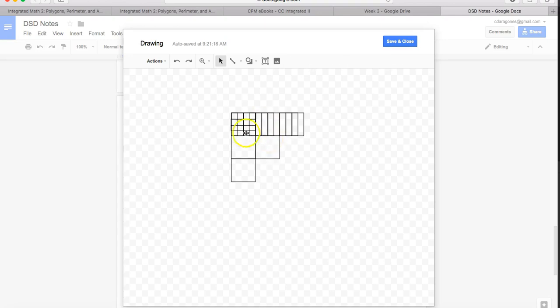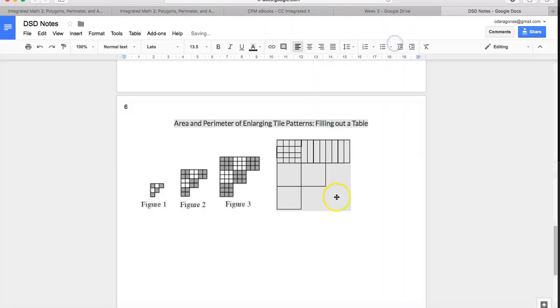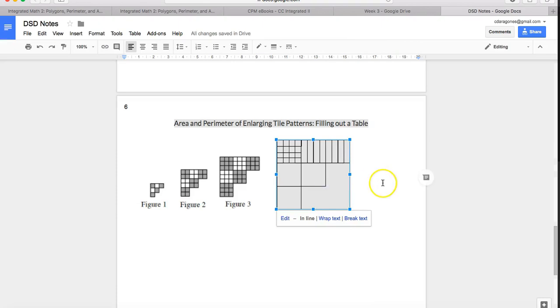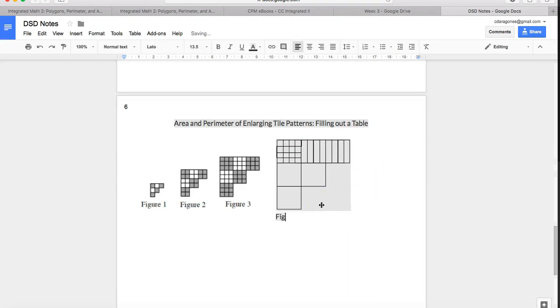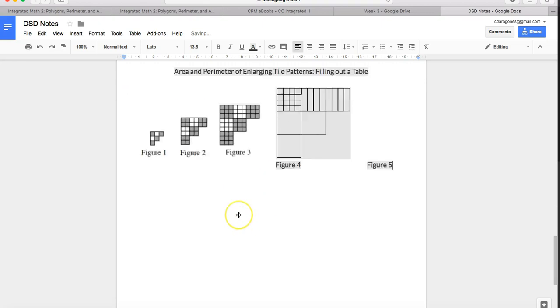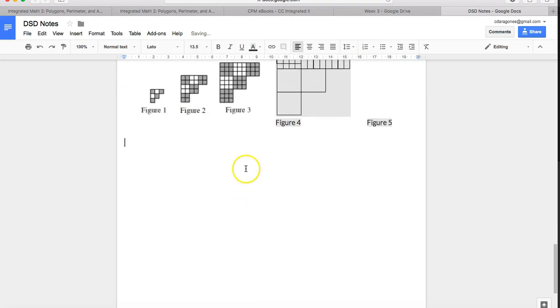As you can see, this tile right here now becomes a 4 by 4, and if I were to complete this, I would keep doing it for all 6 of these squares. So go ahead in your notebooks and try to draw figure 4 and figure 5 of the design that you chose. And then when you're ready, you can start up the video again.